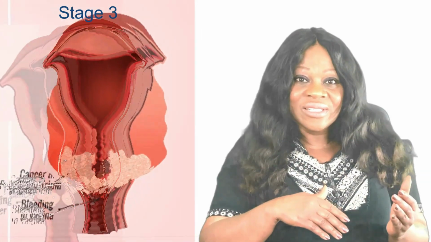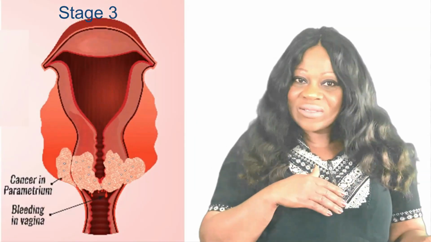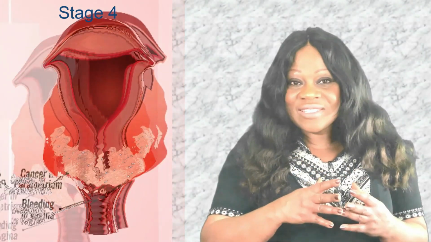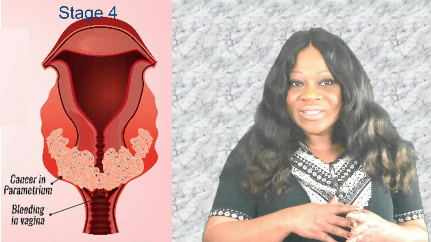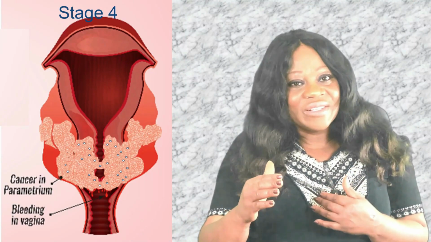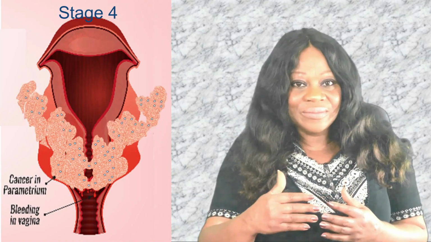Stage 2 is when cancer has spread into the upper part of the vagina or the tissue next to the cervix. During stage 3, the cancer has spread to the lower part of the vagina or the tissues at the sides of the pelvic area. Stage 4 is when the cancer has spread to the bladder or bowel, or beyond the pelvic area to the lungs, liver, or bone.